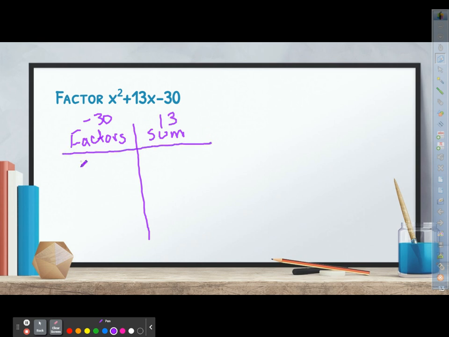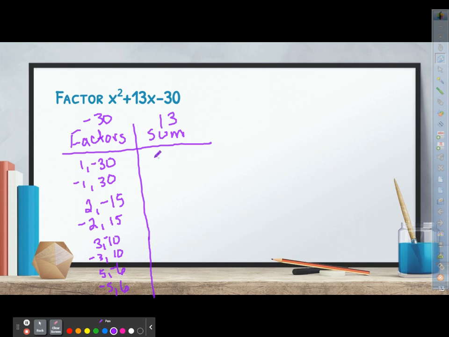Okay, so you got 1 and 30, where 30 is negative, 1 and 30, where 1 is negative, 2 and negative 15, or negative 2 and positive 15. You got 3 and 10, which the 10 is negative, or negative 3 and positive 10. And you've also got 5 and 6, where the 6 is negative, and then 5 and 6, where the 5 is negative. Okay, now let's go through and add those.